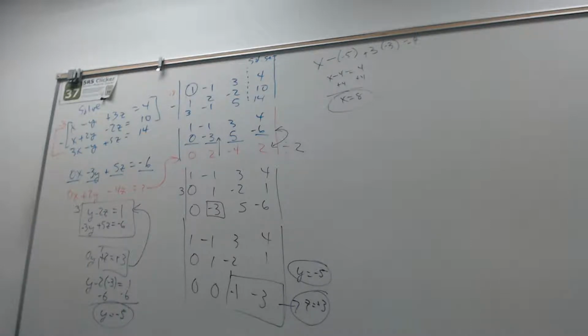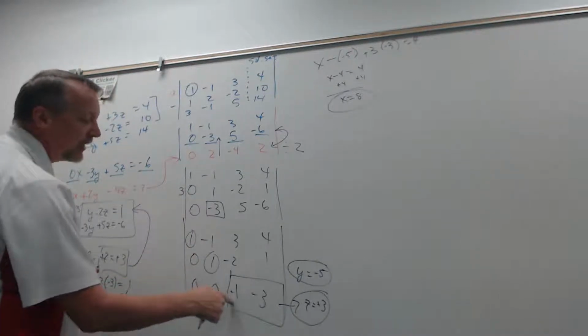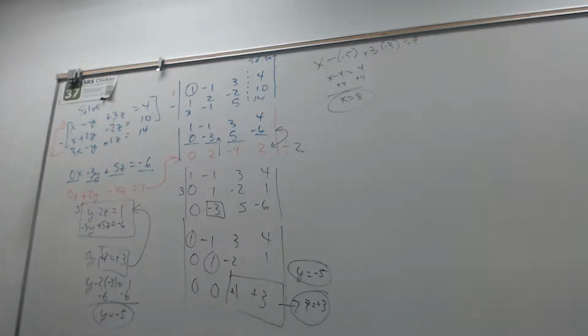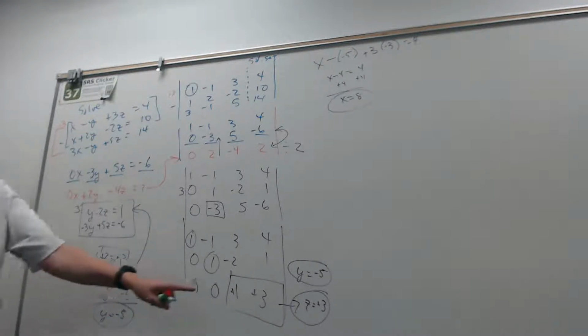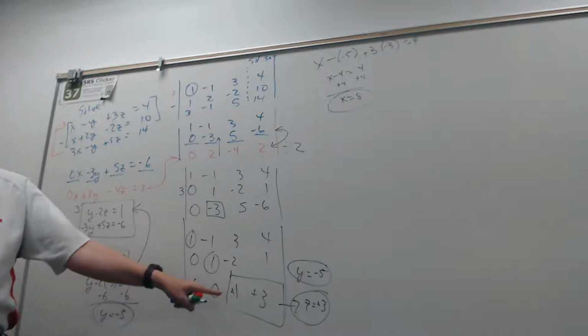So it is really easy to mess up your signs this way. So all the diagonals have to be +1. So you want these to be positive? Well, if you get -z equals -3, you can make them both positive very easily, right? I'm multiplying by -1. Okay, but you can't have a -1. Well, you can make that positive just by multiplying by -1. Yeah, right? That's not what I'm asking.